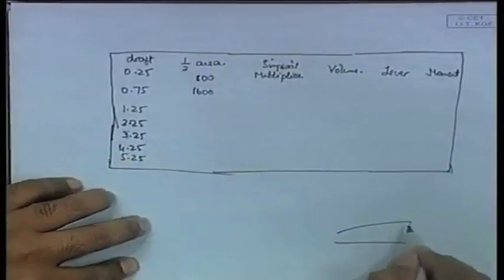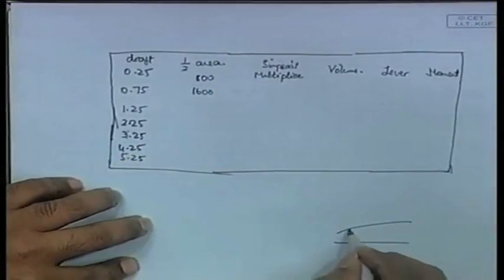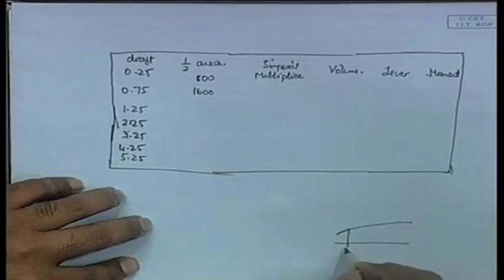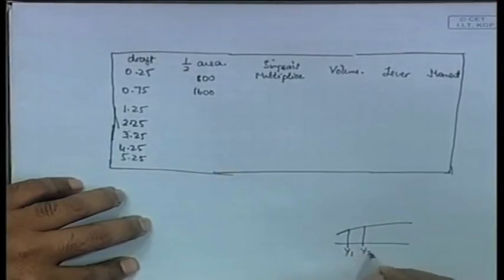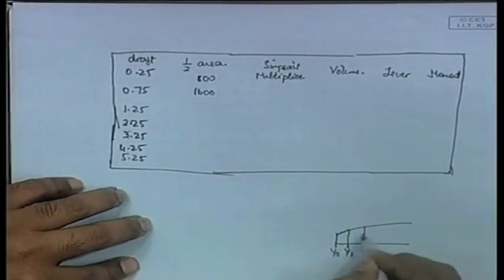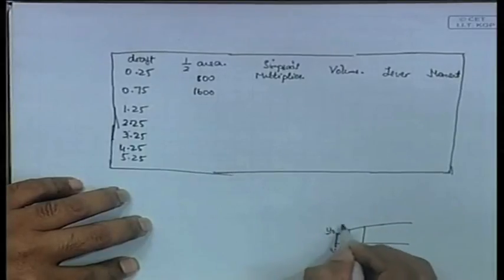You have to remember that derivation and know how to draw it. You'll have a curve like this, divided into ordinates y0, y1, y2 at x0, x1, x2.